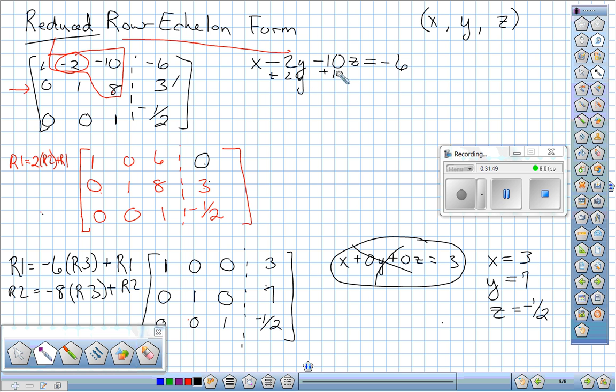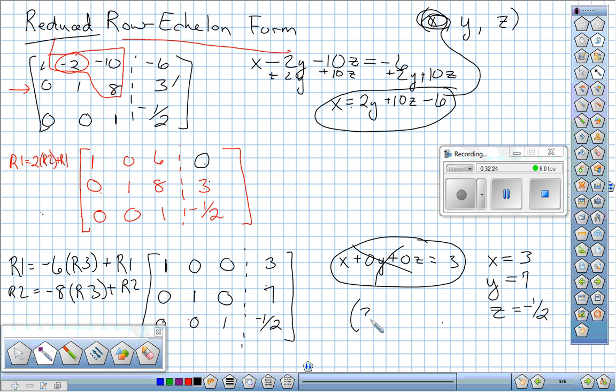This one I don't necessarily have to because it does have a one triple solution. And then I'm going to add 10z, and what I'm going to get is x equals 2y plus 10z minus 6. I'm going to just write that in for whatever I have up here instead of an actual number. In this case, that's not what I would be doing. I would just write out 3, 7, negative 1/2. And remember to just write them x, y, z.